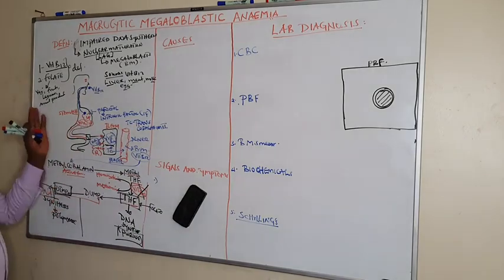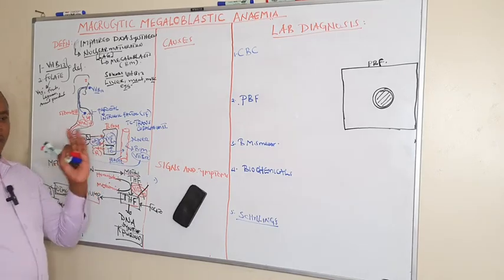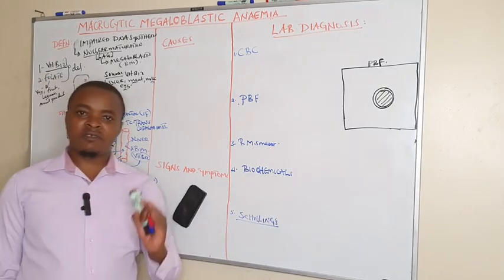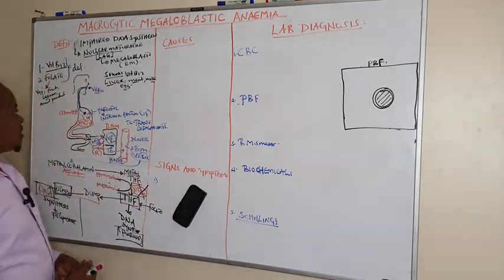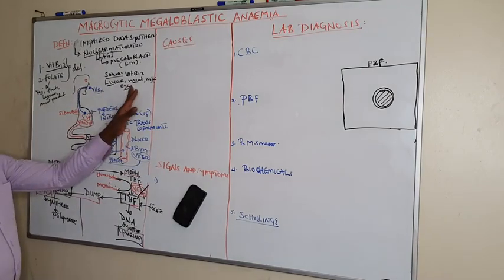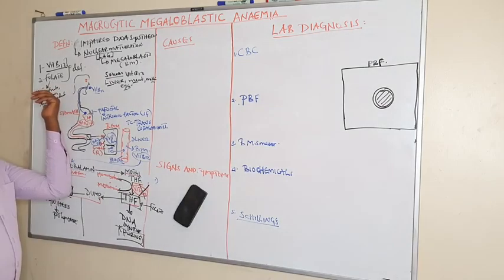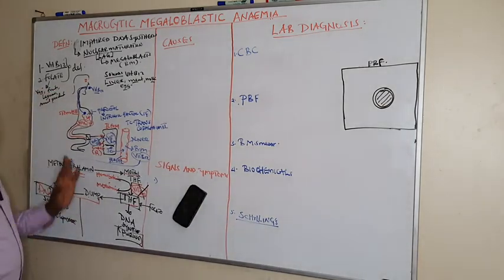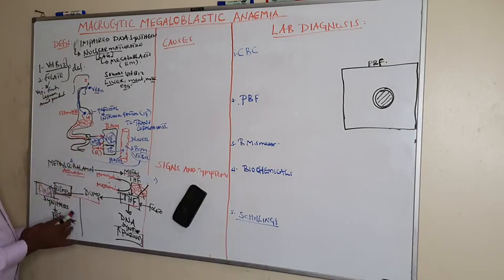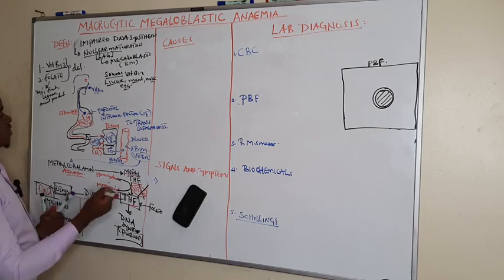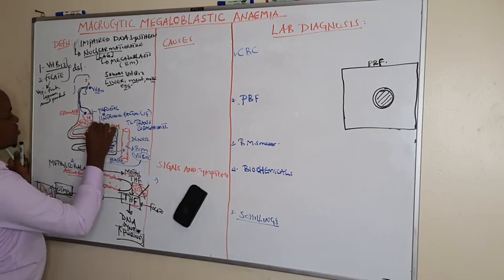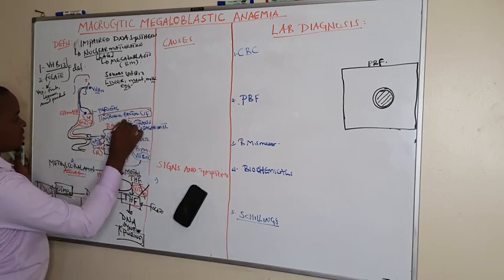So after seeing the absorption and the metabolism of vitamin B12 and folate, which we have said even in different sources, that this is animal products, this is both plants and animal products. And we have seen the intrinsic factor. So at the long run, we shall see among the causes shall be deficiency of intrinsic factor.